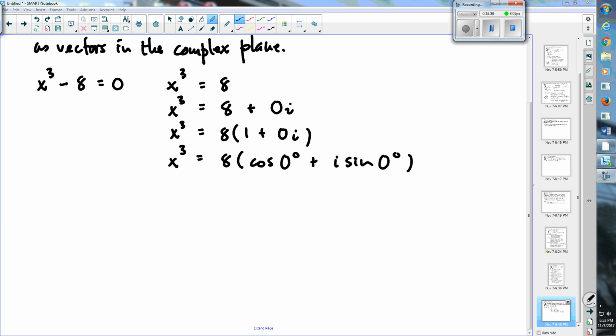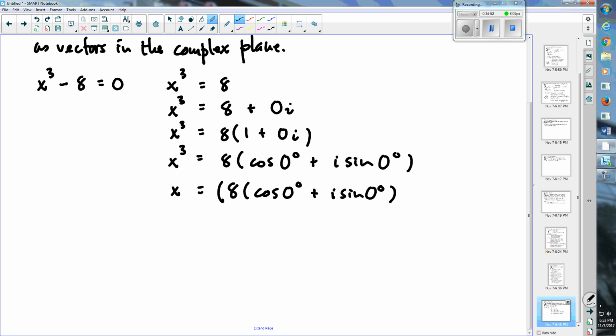Okay. At this point, let's take the cube root of both sides. The cube root of the left side is simply x. The cube root of the right side we can write as 8 times the cosine of 0 degrees plus i sine 0 degrees, in parentheses, raised to the 1/3 power.